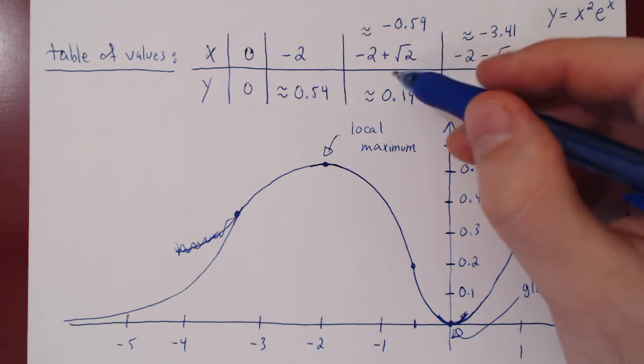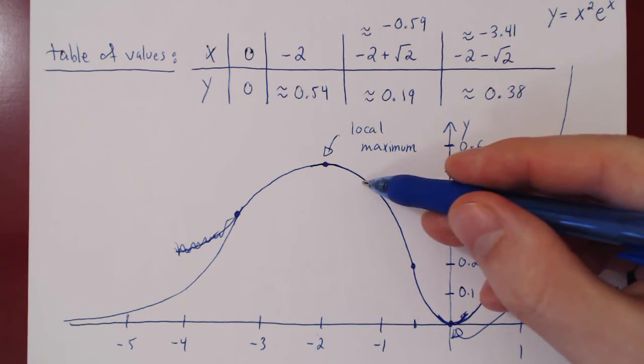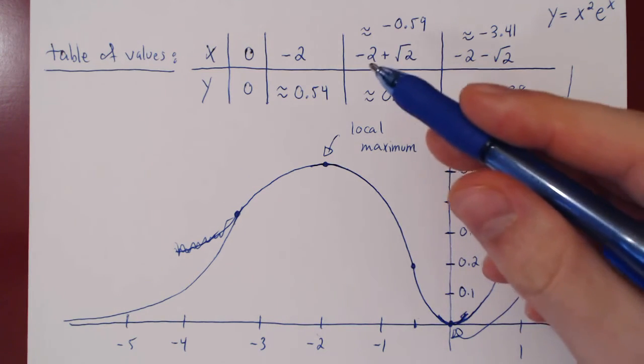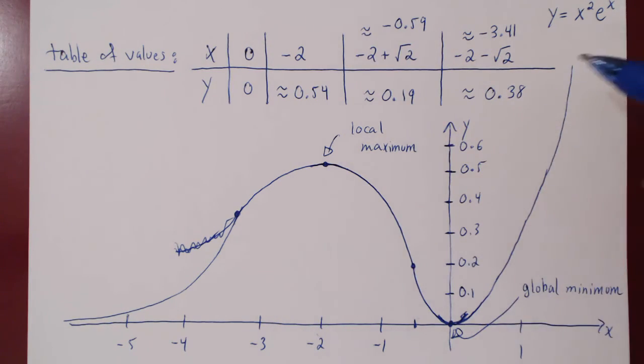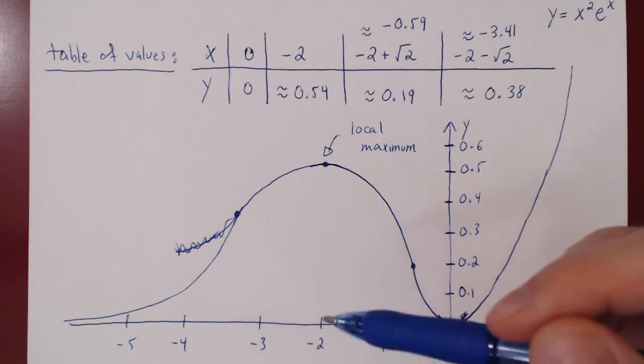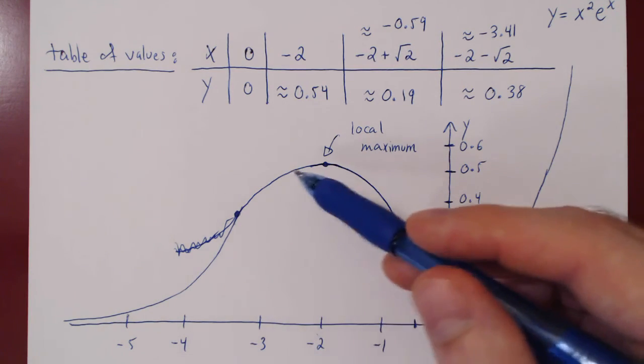And we had two possible inflection points. Are they real inflection points? Well, let's see. The curve went from concave down to concave up, so the point negative 2 plus root 2 is a real inflection point. And at the point x equals negative 2 minus root 2, the curve goes from concave up to concave down.